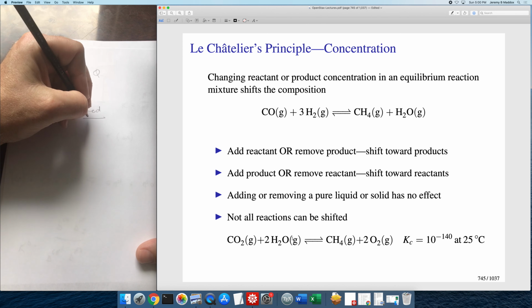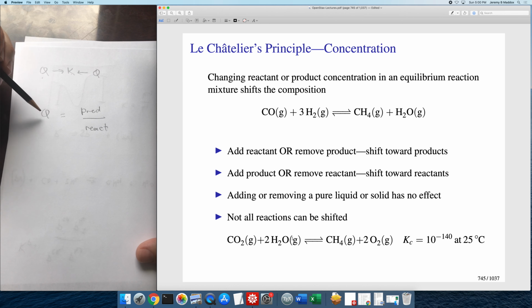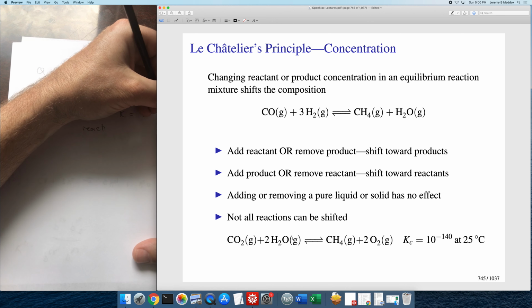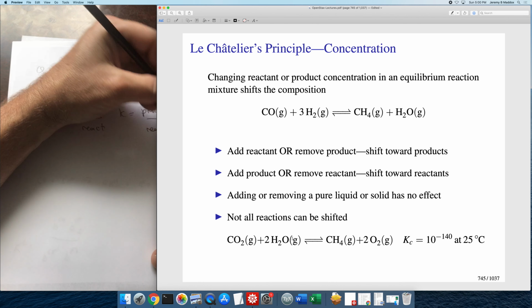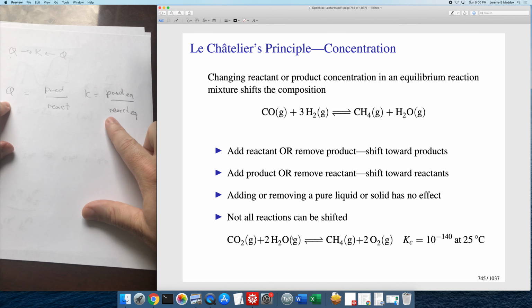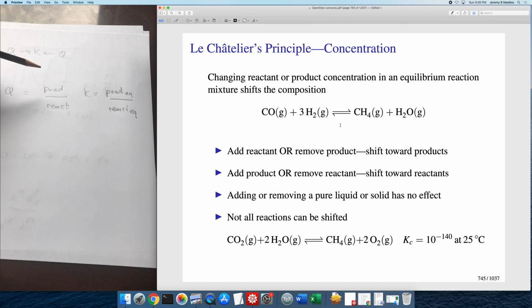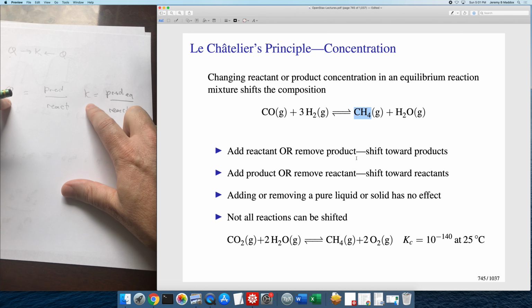Products, equilibrium, reactants, equilibrium, okay? So when you add in a product, let's say, to this reaction, let's say I'm adding in methane, what that does is it means that Q will no longer equal K, like when you add something in or when you take something out.